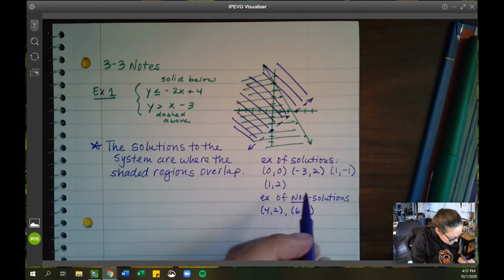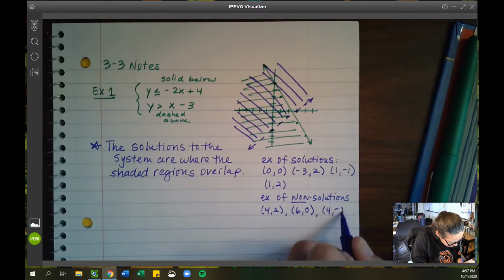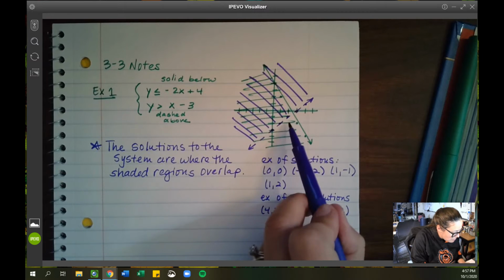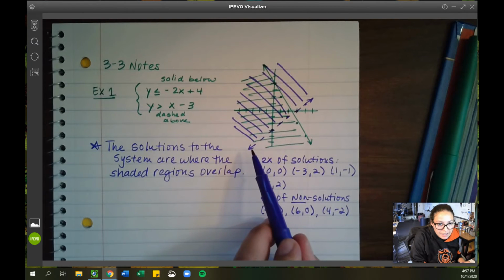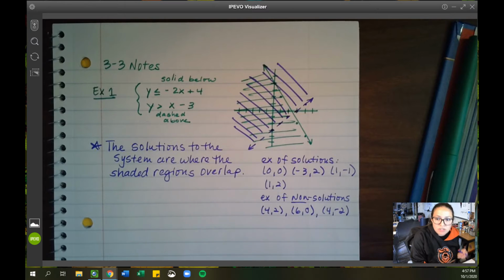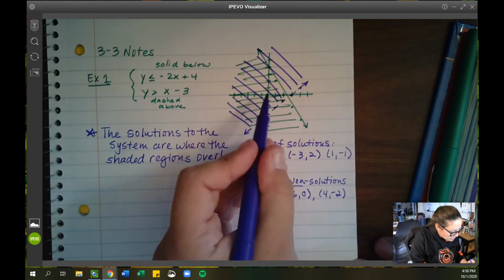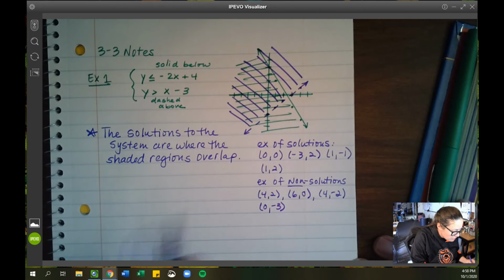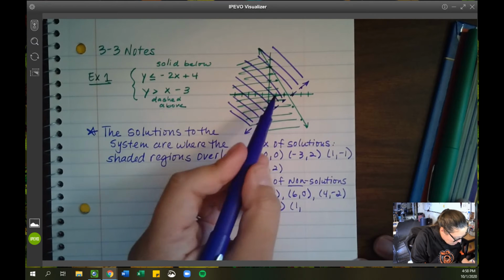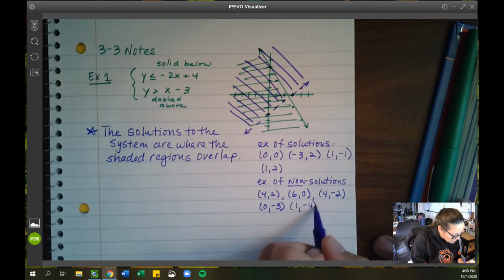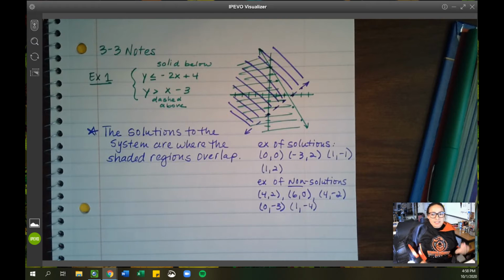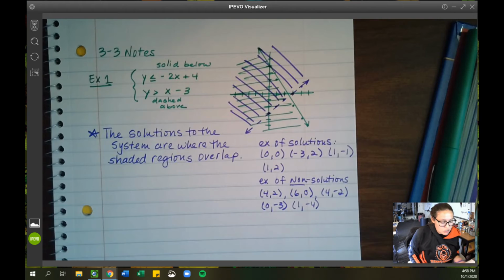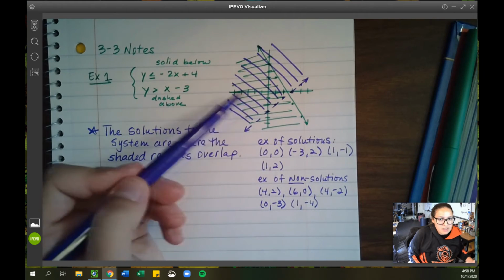So 4, negative 2. Anything that's on the purple line is not a solution because it's dashed. We do not include that line. So another example of a non-solution would be 0, negative 3. Also, anything that's in here is not going to be a solution. So 1, -4. And again, I could sit here forever and list out an infinite number of points that are both solutions and non-solutions. But the key is that our solutions are in here.